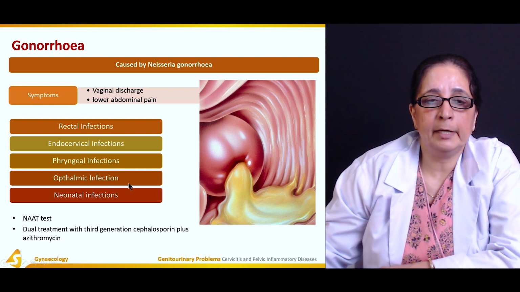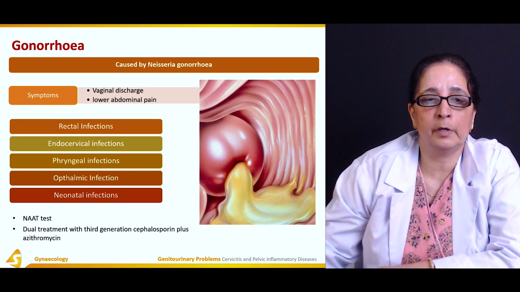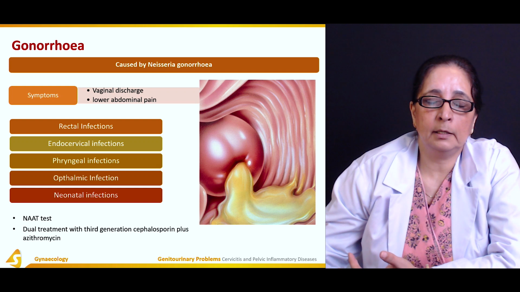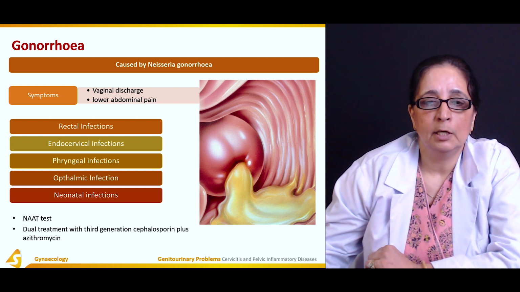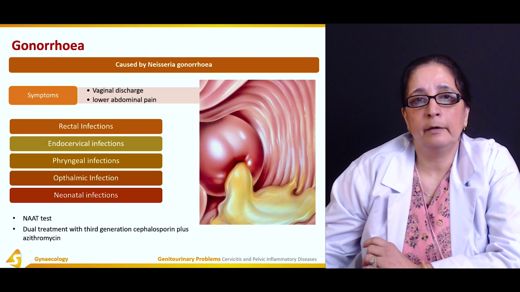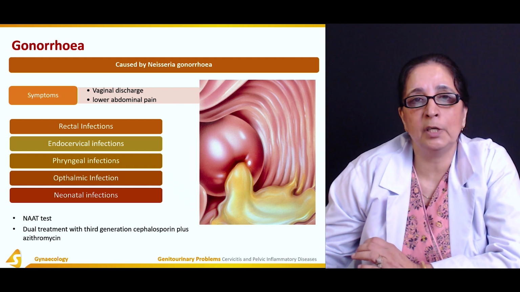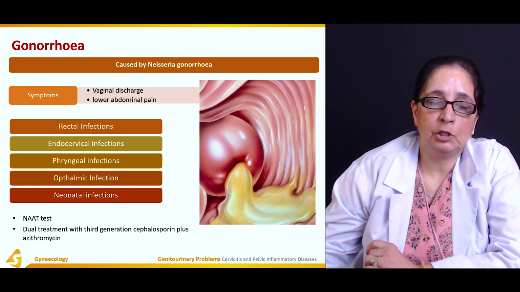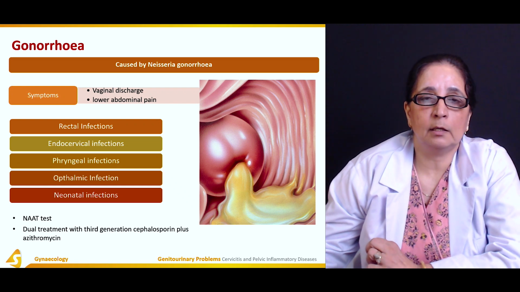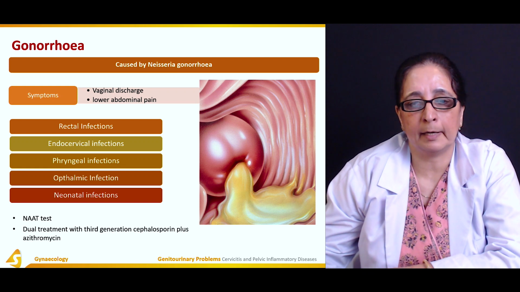Then ophthalmic infections are common in patients with gonorrhea after the eyes are touched with the secretions. Uveitis is very common, which is the infection of the uveal tract, in which the choroid and ciliary body are infected.